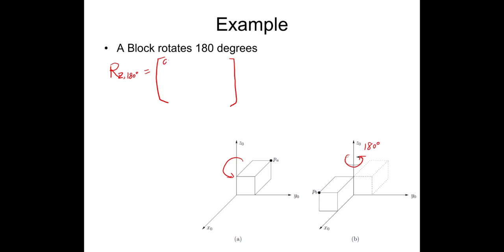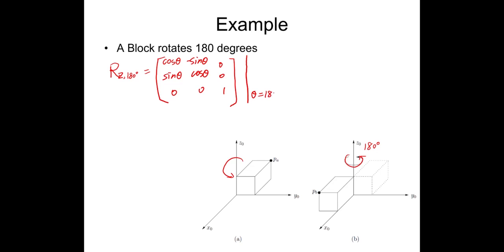Here is cosine theta, and this term should be sine theta, and this is negative sine theta, and this is cosine theta. And here is 0, 0, 1, 0, 0. Okay, so this is the basic rotation matrix around the z-axis with theta, and in this case theta equals 180.